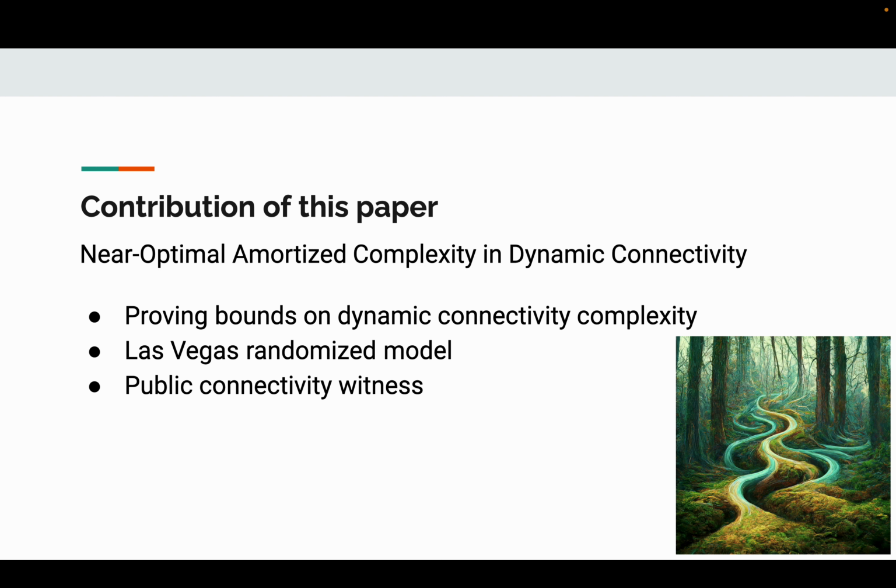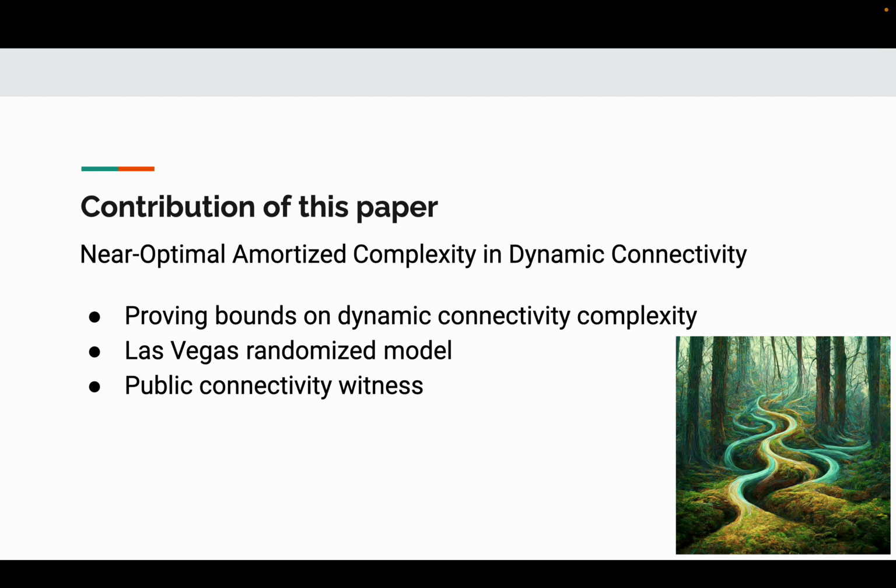Let's talk about the contribution of this paper. In our discussion today, we will be examining the groundbreaking result, maybe not groundbreaking, but very advanced result presented in this paper, where the authors have proven near optimum bounds on the amortized complexity of dynamic connectivity.